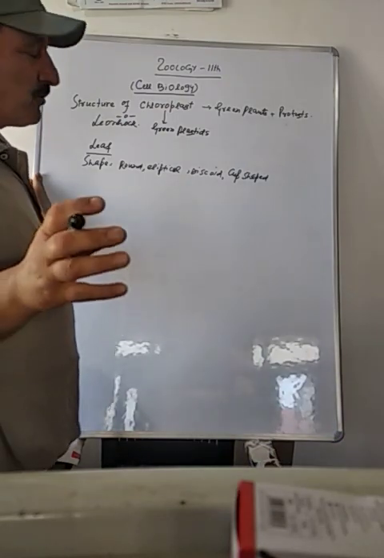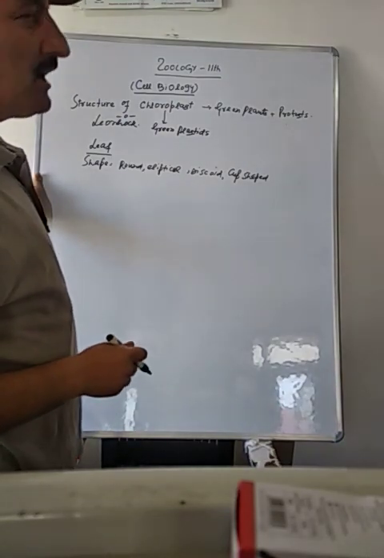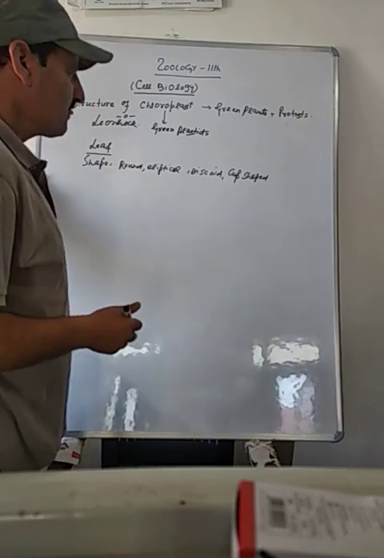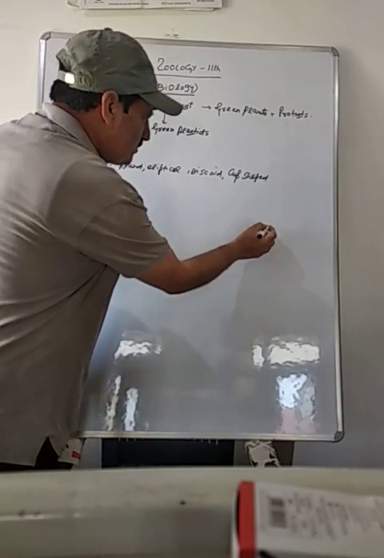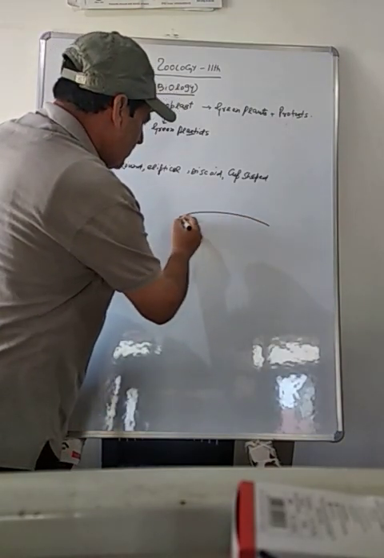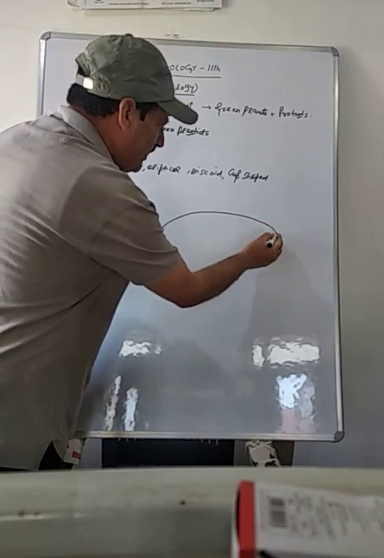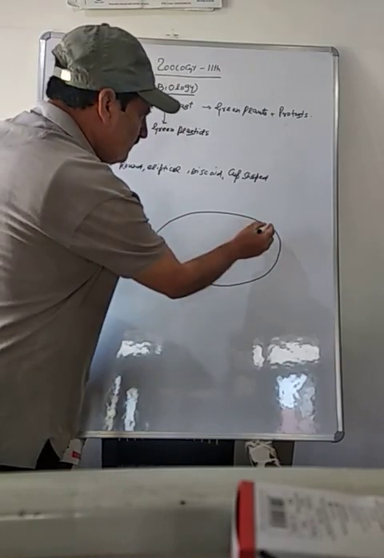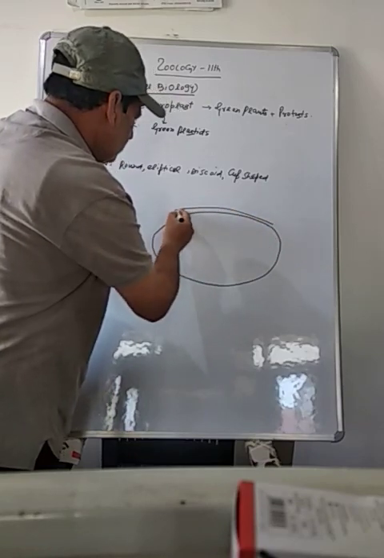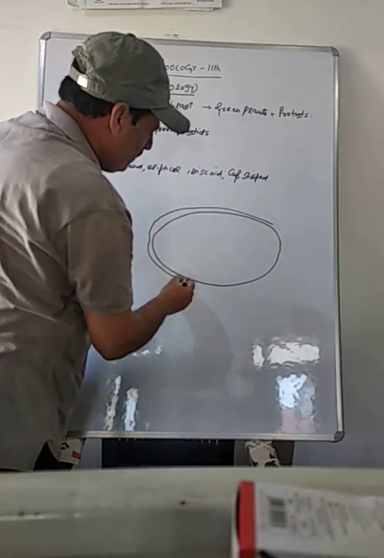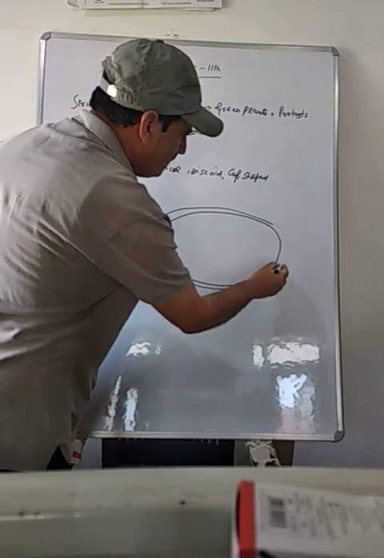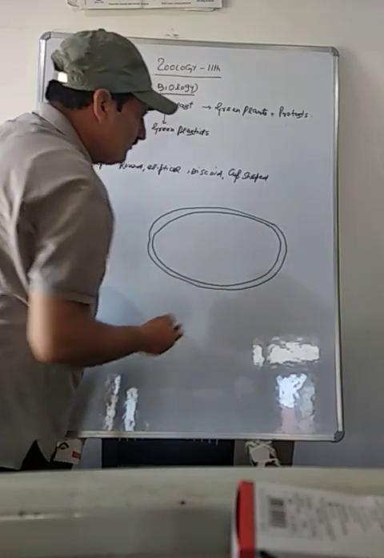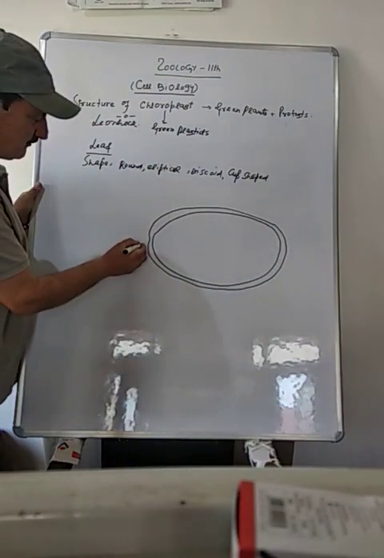When we study chloroplast under a microscope, mostly an electron microscope is used here, you will see that each chloroplast has a membrane, or called an envelope. And when you see this envelope closely, you will see it is actually two-layered.